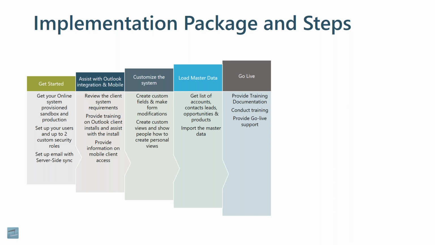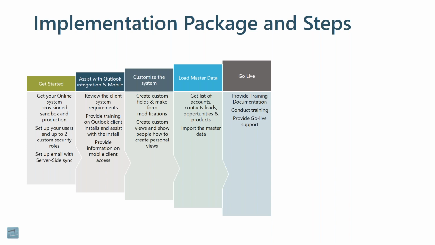But I wanted to just kind of give a breakdown of how we would be moving through, in implementation, a quick start implementation. So getting started. The online system, things are going to be provisioned. You're going to get your org, you're going to get your production environment and any sandbox environments, and we'll set your users up.